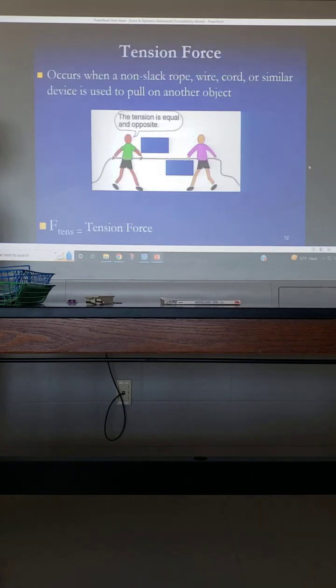Okay. Tension force. So if you have a rope that doesn't have any slack in it and you are pulling on each end in opposite directions, you are going to apply a tension force. This also works with hanging, so anything that is suspended or hanging will be experiencing a tension force as well.